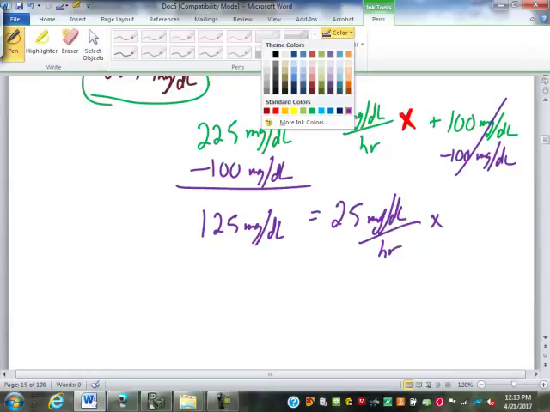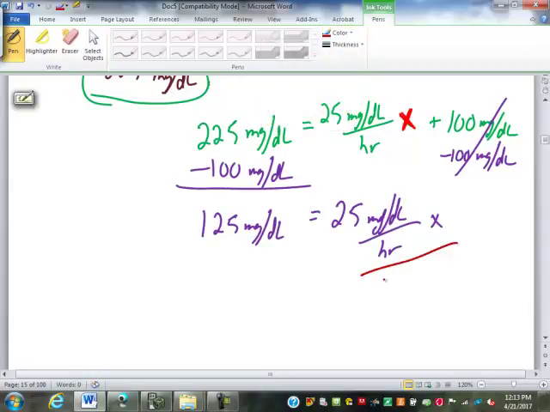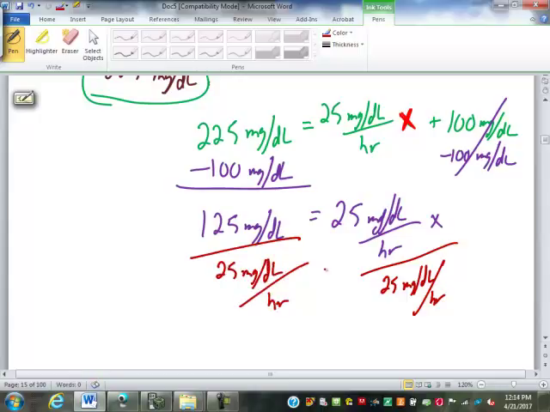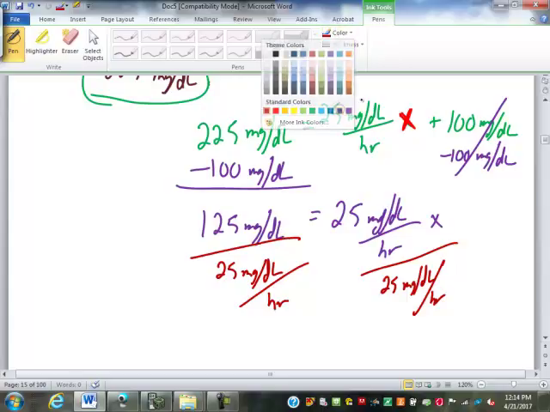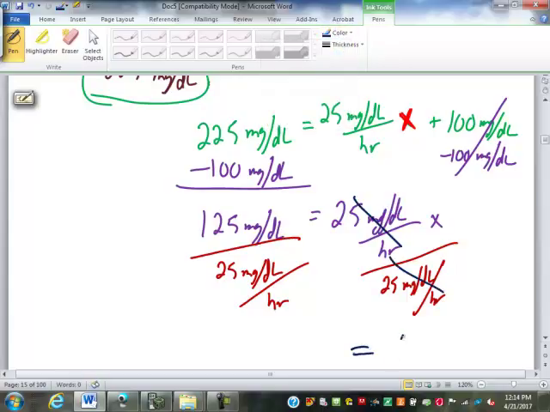And then to get x by itself, we have to divide by the slope of 25 milligrams per deciliter per hour. Now again, these cancel out here, giving us x.